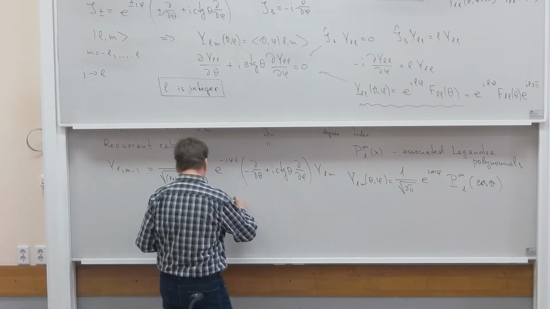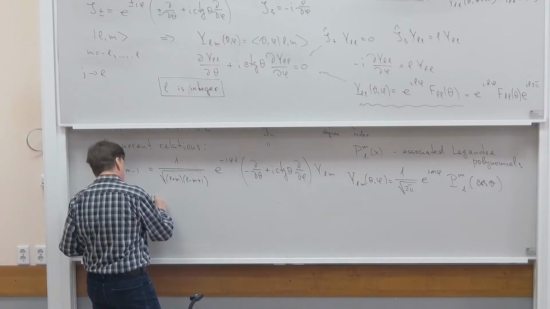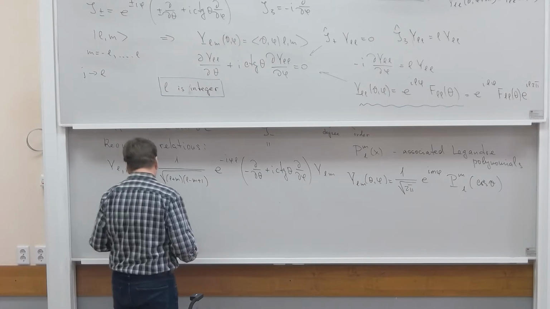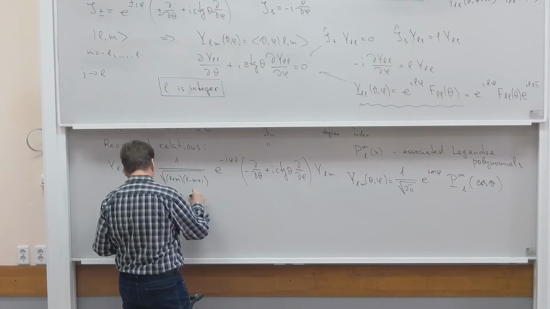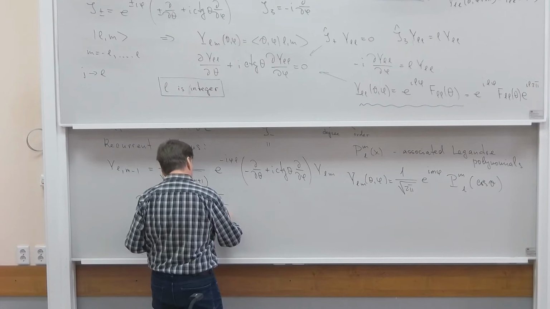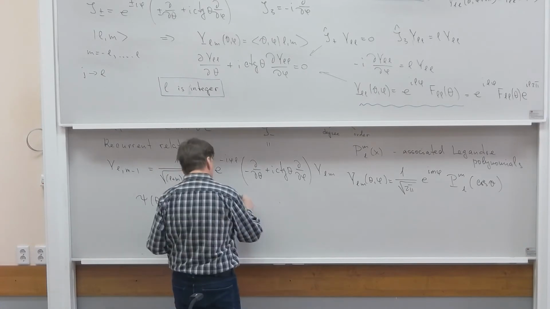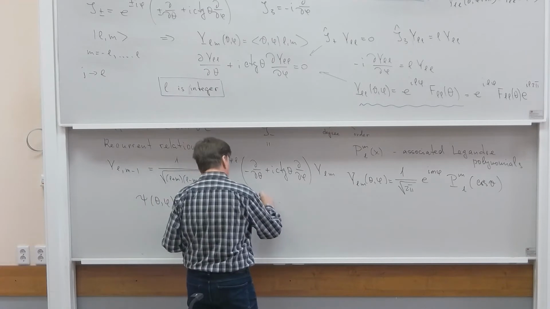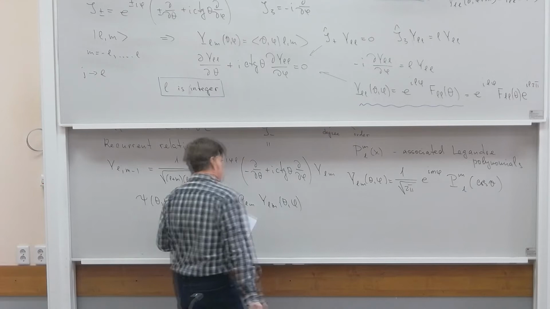So we can write psi of theta, phi as a double sum, L from 0 to infinity, m from minus L to L, C_{L,m} Y_{L,m}(theta, phi).